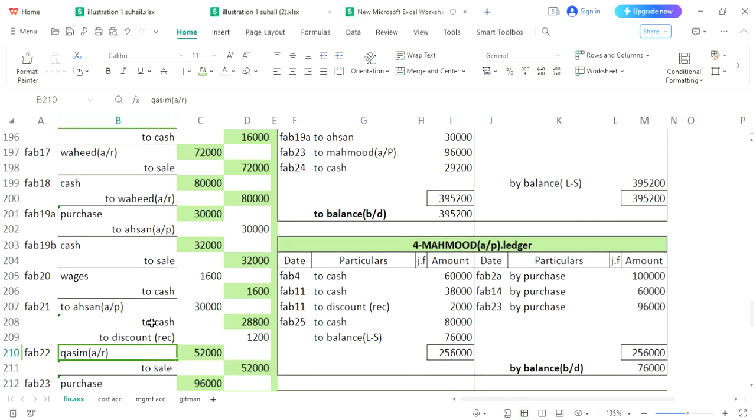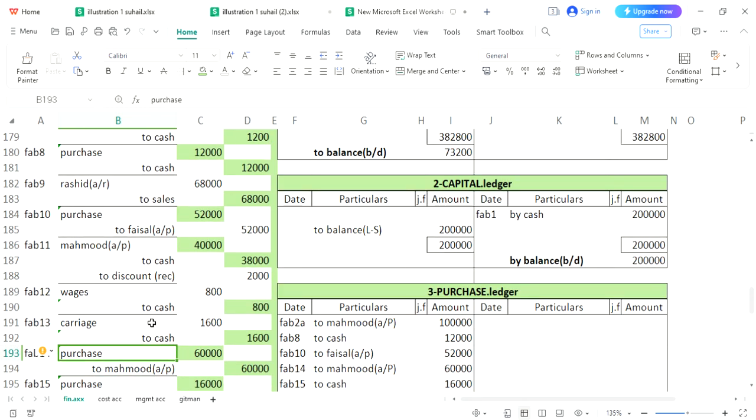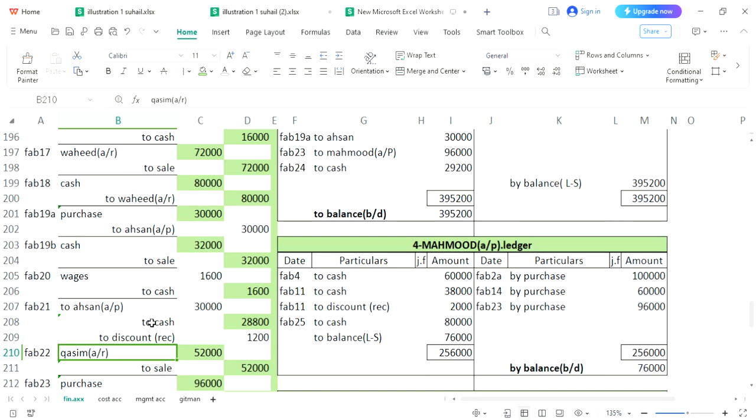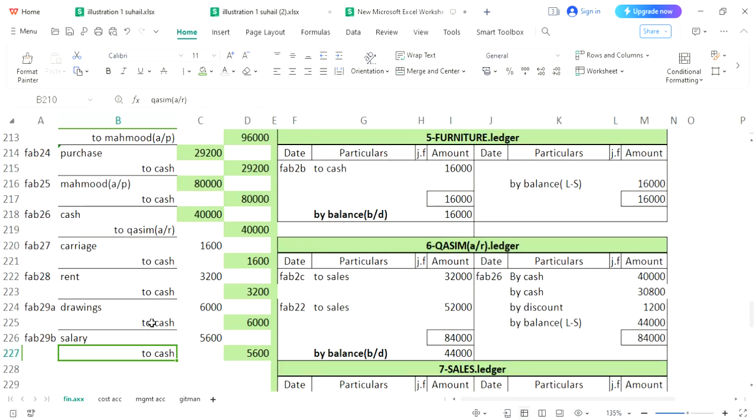Yes, this Qasim arrived. 52,000 should be written on debit side of Qasim, and yes, this 52,000 is present. It means that has already been written. This 40,000 has also been written.